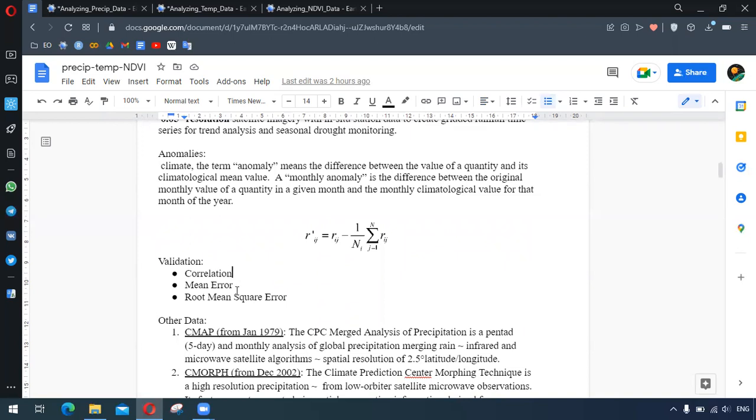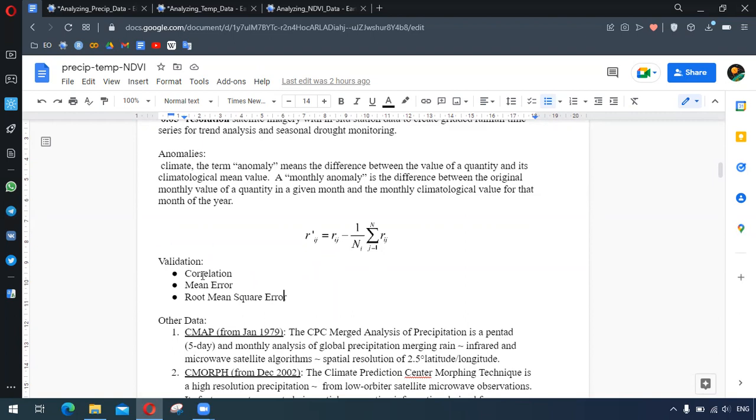This is the concept. And the next one is mean error, and this is done between two different values, for example here the rain gauge and satellite data, and we calculate the difference between the two data. And the next one is root mean square error, and this is the square root of the averaged squared difference between two sets of values.